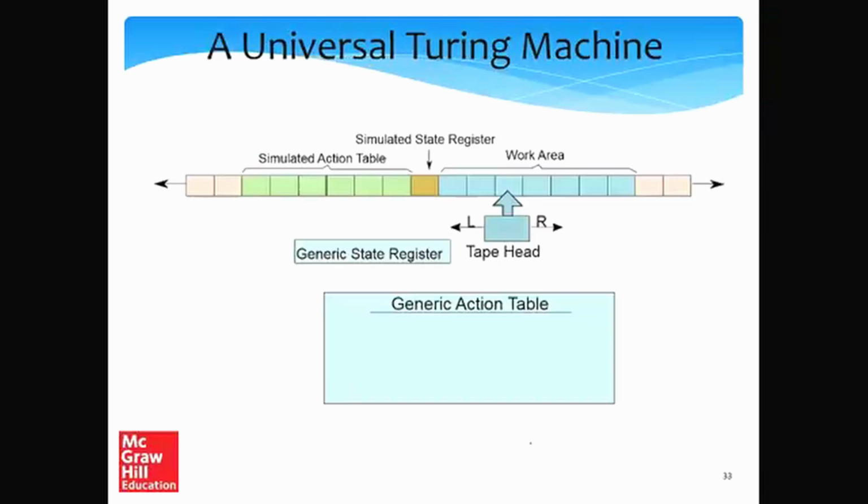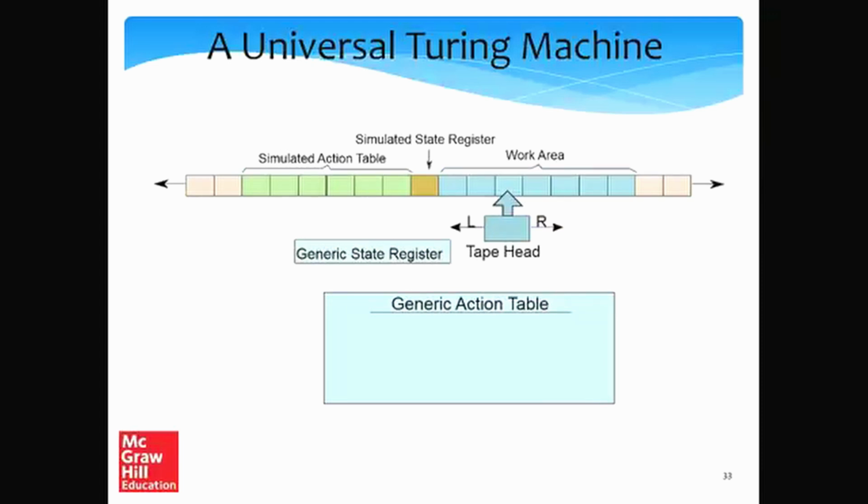So how does the universal Turing machine work? Well, it's very simple. It has a generic action table, which is the action table of the UTM. It has a generic state register and it has its tape head. On the tape, it has the action table of the Turing machine that it is simulating, called the simulated action table.